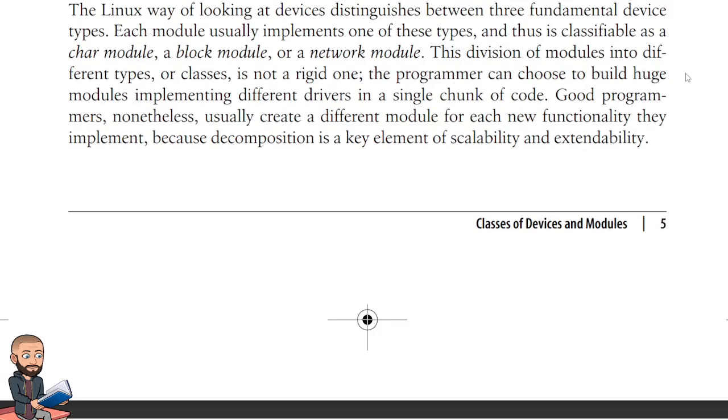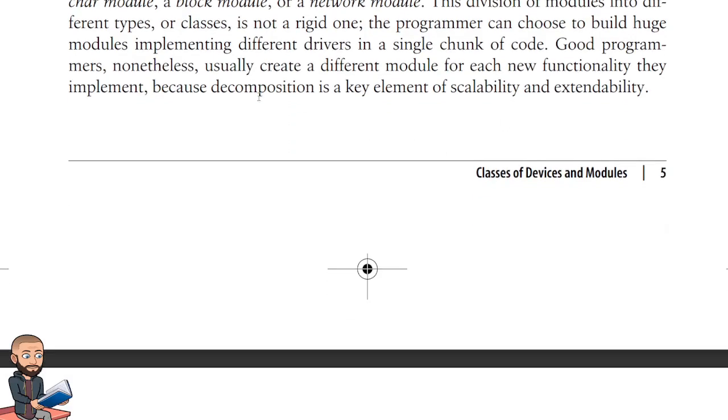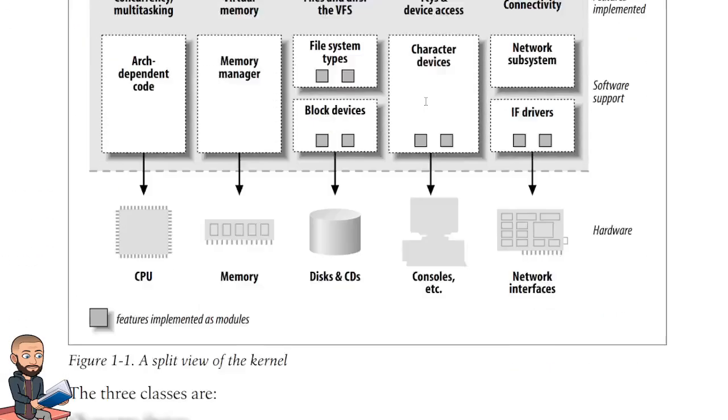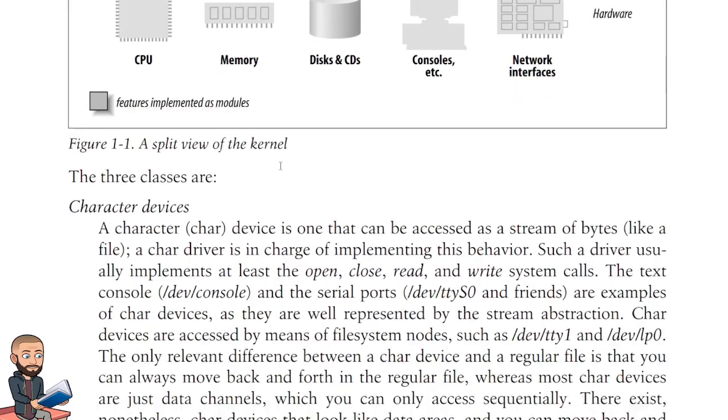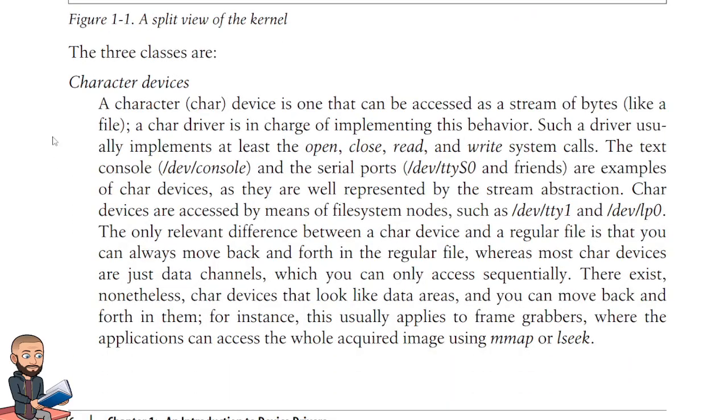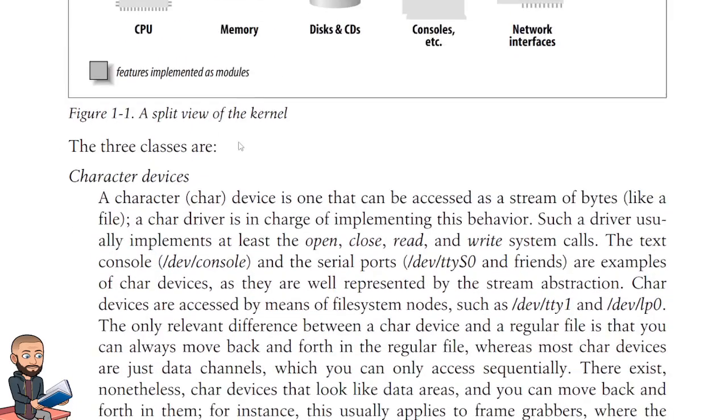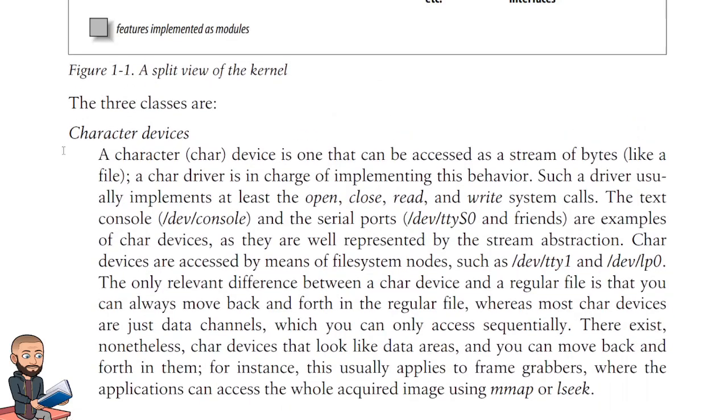The programmer can choose to build huge modules implementing different drivers in a single chunk of code. Good programmers nonetheless usually create a different module for each new functionality they implement, because decomposition is a key element of scalability and extendability. I like how they put that there. Basically, you have the freedom to do what you want, but of course with freedom comes consequences for bad choices.